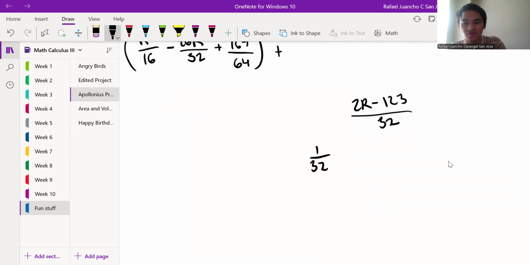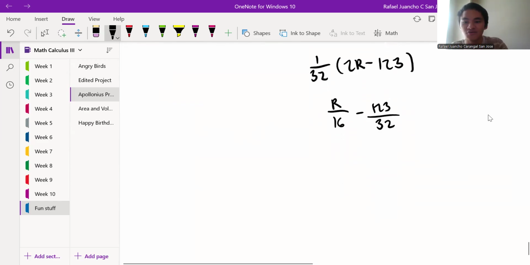I can do 1 over 32, but like this. And then I could just separate it. So I get like what? Oh, r over 16 minus 123 over 32. And I do it twice.